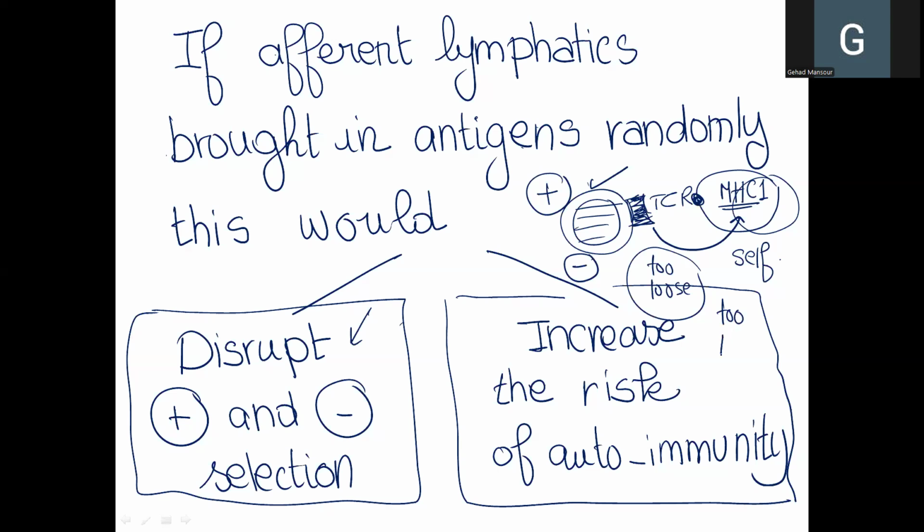And on the other hand, if the bonding is too tight, it's also discarded because this means that this is a dangerous T lymphocyte that is capable of attacking even our cells and not only the pathogens.